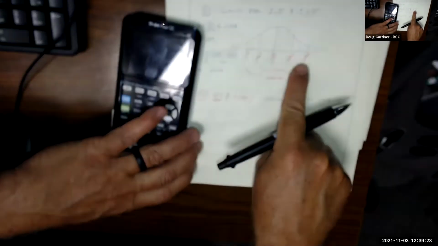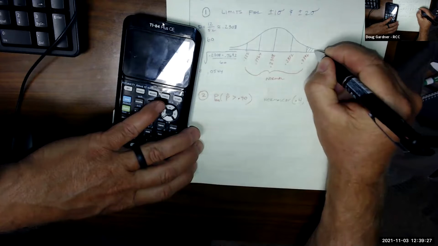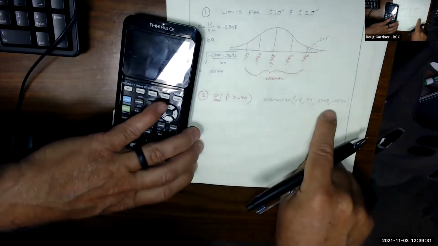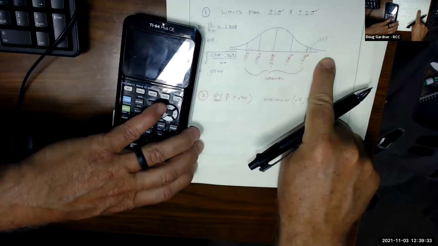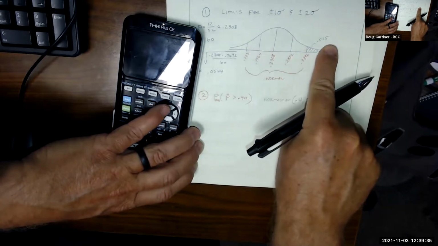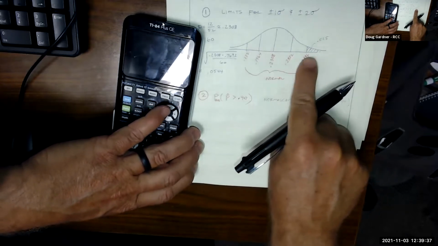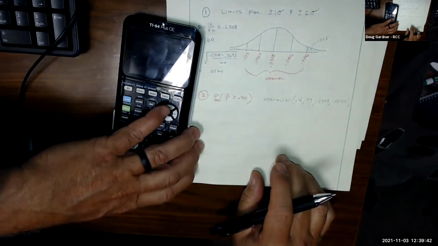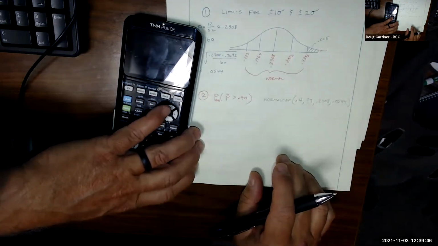And I can see right here, I already know over here that this tail is about 2.5%. And I'm saying even to the right of that. So I better get a number less than 2.5% because 0.4 is even further past that. As a matter of fact, it's 7% past that. It's way out there.